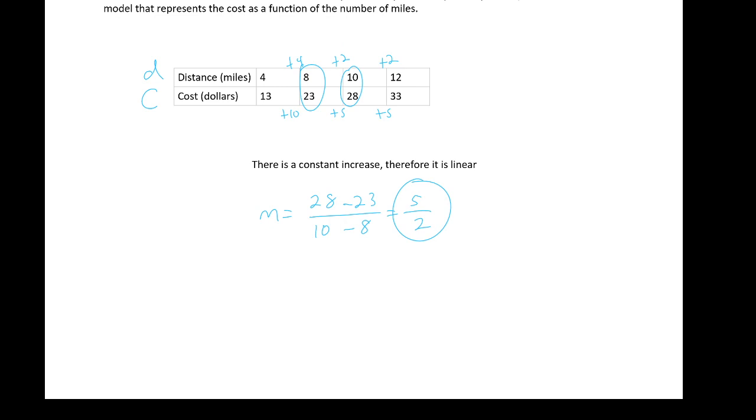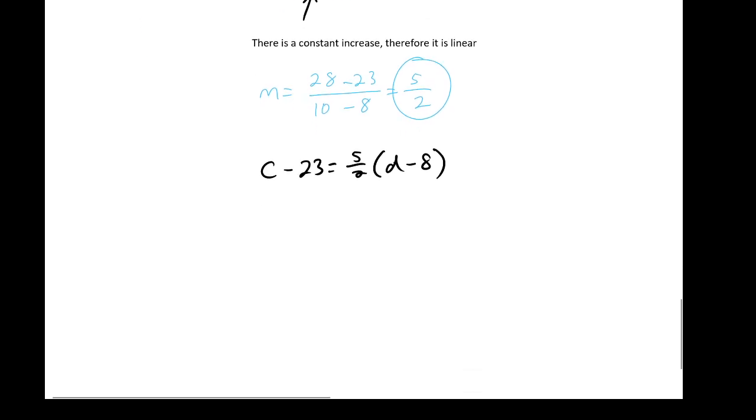Let's just take that first coordinate, and we have our cost minus 23, times our slope, 5 over 2, and then our distance is going to be minus the 8, the same one that's going to correspond. From there, we can make our function, right?